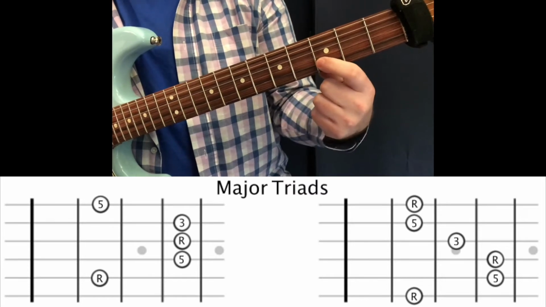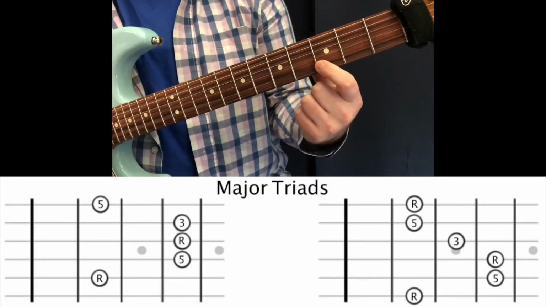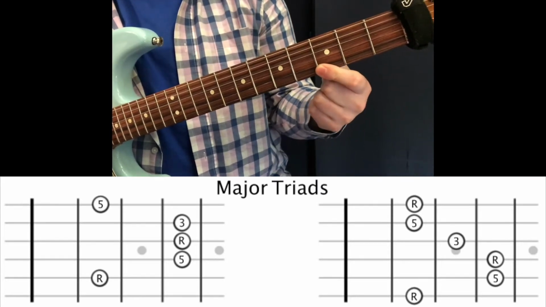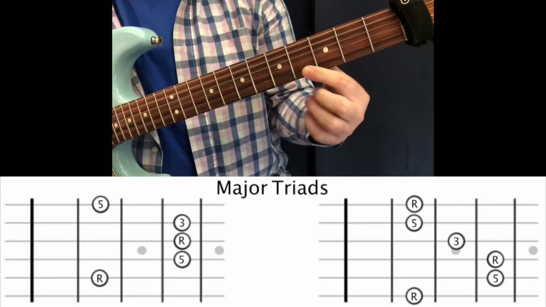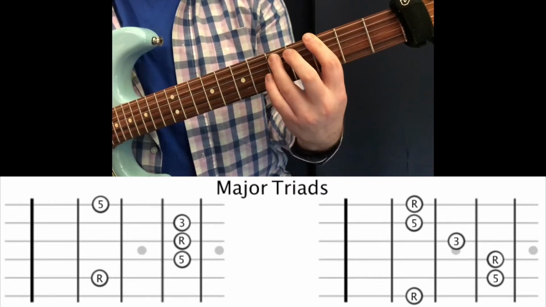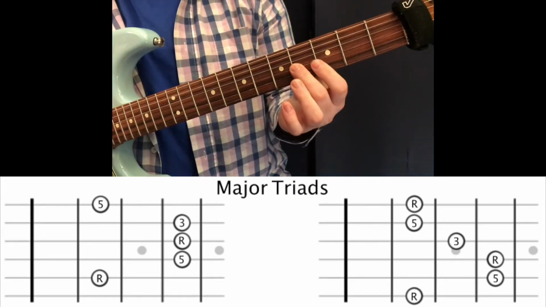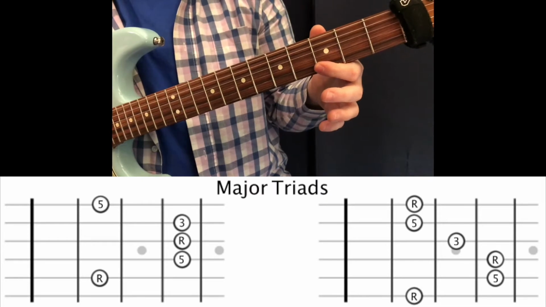And we have another 5th, which is D again, and that's the 3rd fret on the 2nd string. And then we have another root, which is the G, so that's the 3rd fret on the 1st string. So on the 6th string you get root, 5th, root, major third, 5th, and then root again.